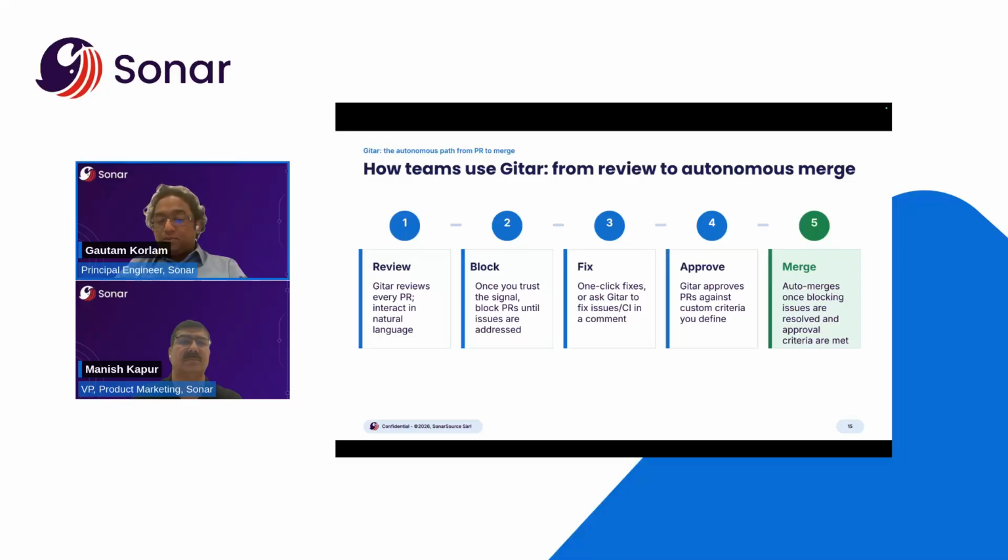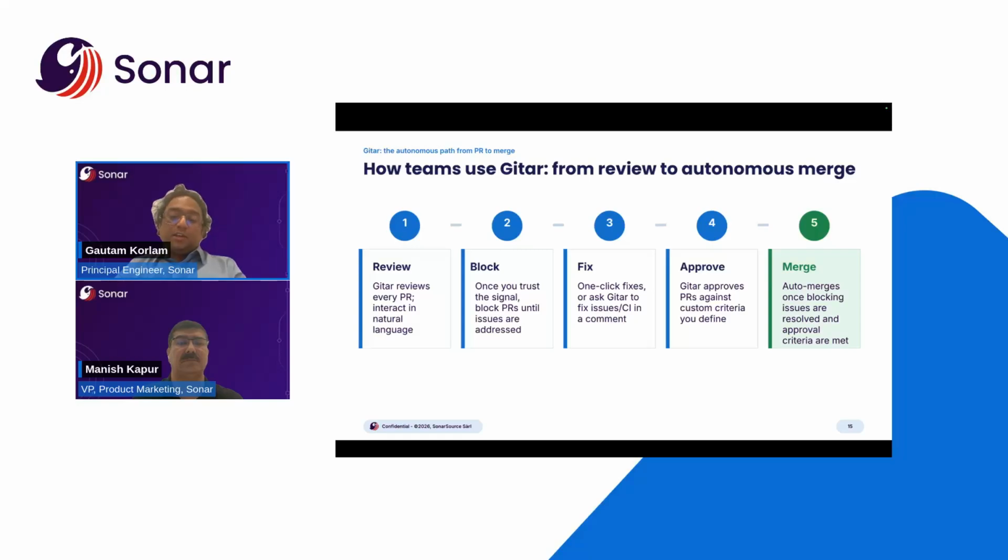These could be issues from other tools like Sonar or some other third-party tool, or even a colleague's comment. You can ask Gitar, hey, please take care of this. And Gitar is able to act on your behalf and push fixes and add you as a co-author. Once the fixes are good, what we are seeing is teams are over time asking for more controls on how they can fully automate autonomously the merge process.